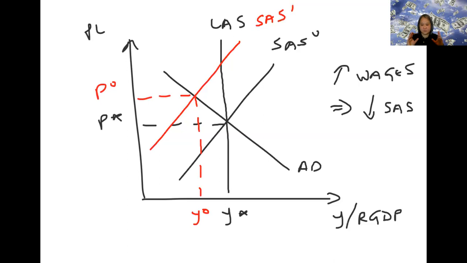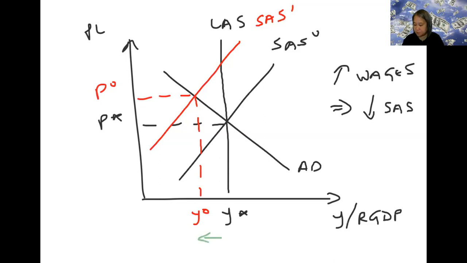This is a very bad situation. Your short run supply curve has shifted to the left. We have caused a decrease of output, from Y star to Y0.